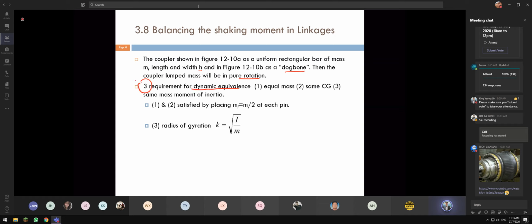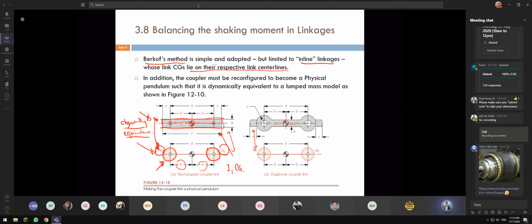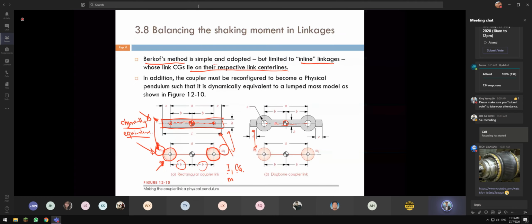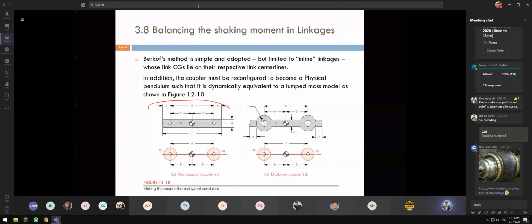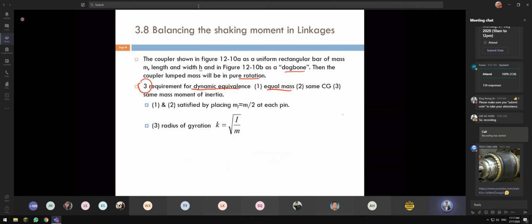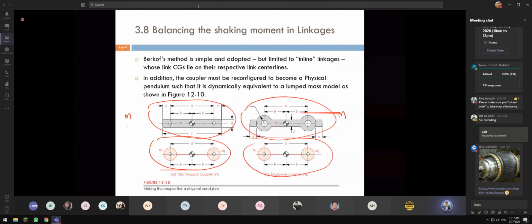Remember, there will be three requirements you need. I already wrote two here. The third one is the mass. Both systems, the upper one and this one, must have the same mass, same as this one and this one. They must have the same mass and same center of gravity. CG is the same, so it's over here.